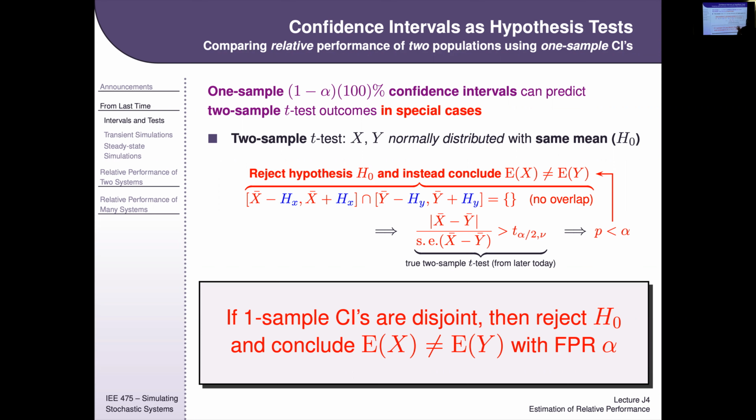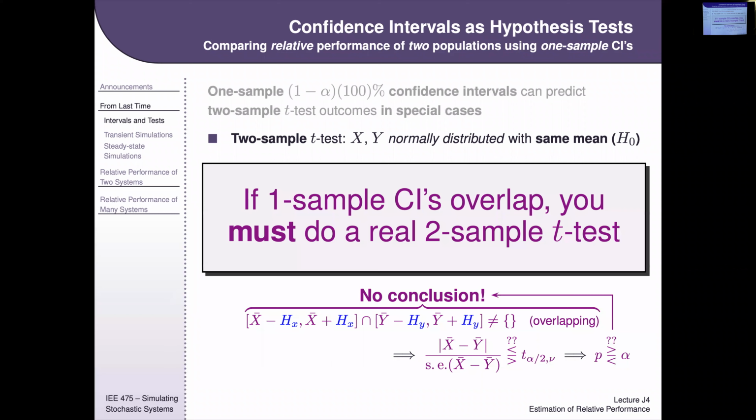Maybe your baseline model actually has poorer performance than your intervention, and you're good without even running another test. So if the one-sample confidence intervals, the absolute confidence intervals you get by running one model and then the other, are disjoint, then you can reject the null hypothesis that they're equal and conclude that they're not equal.